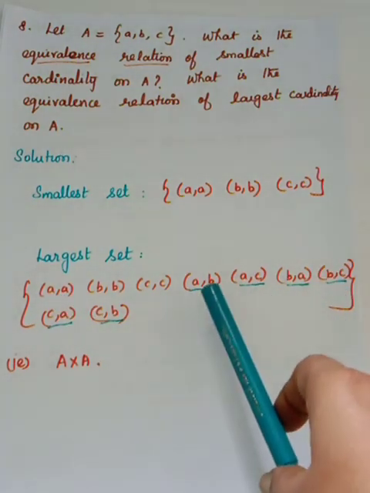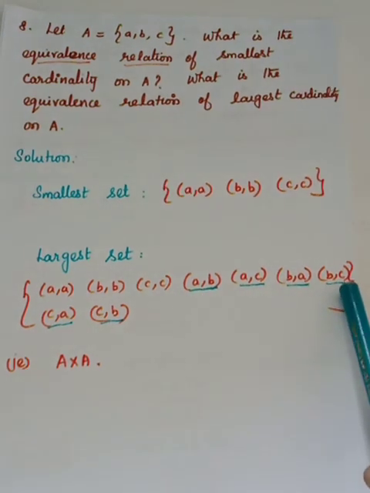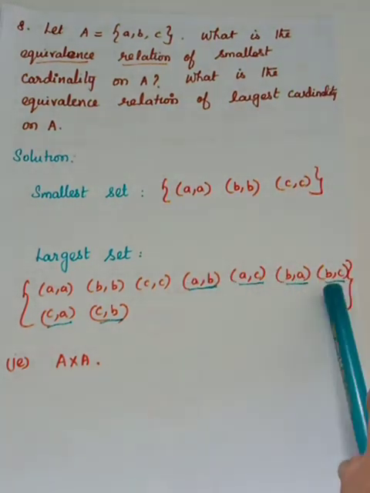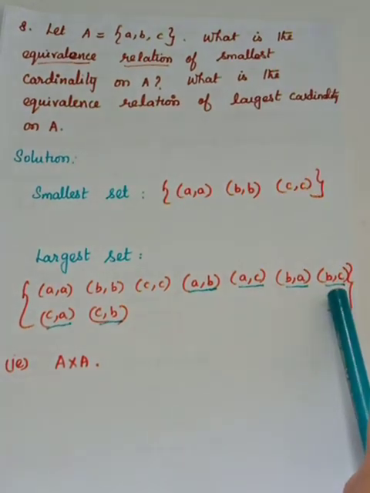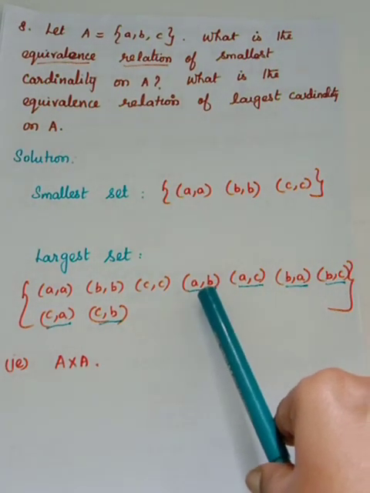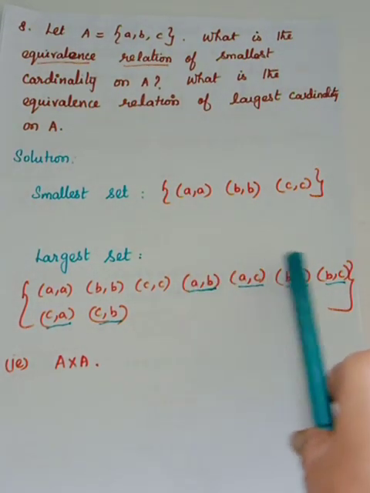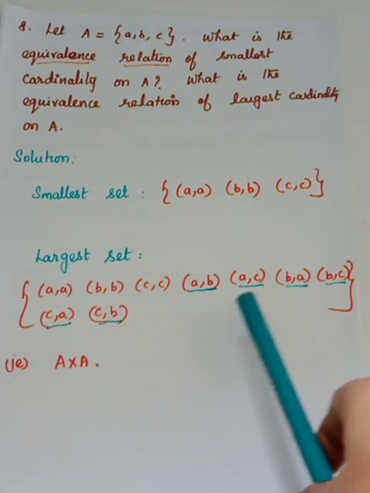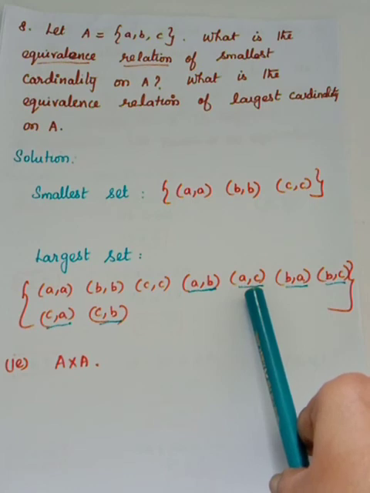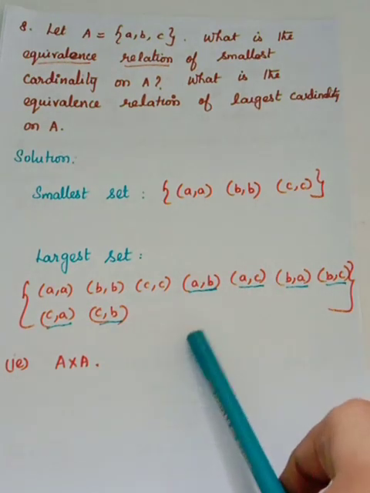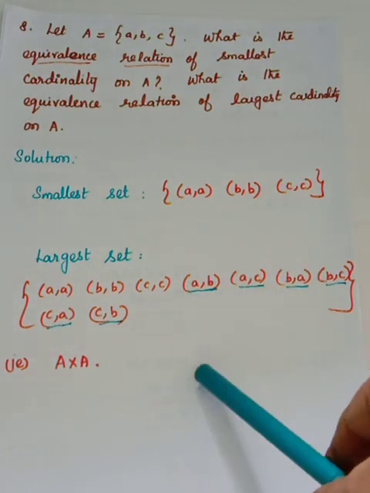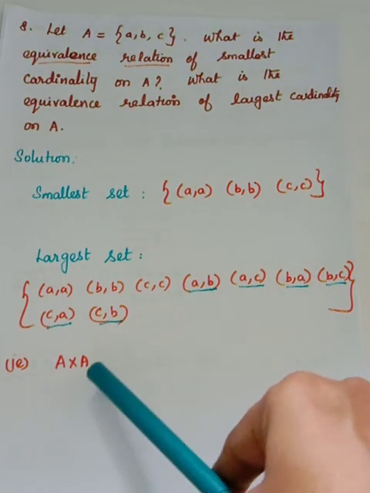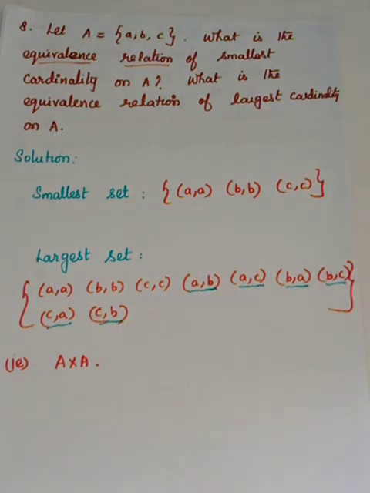And you see A comma B, B comma C. If these two ordered pairs are in the relation, we can very well say according to transitive A is related to C. So A is related to C. Therefore it is reflexive, symmetric and transitive. So A cross A is an equivalence relation of largest cardinality on A. Thank you, students.